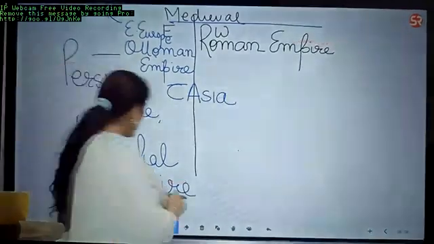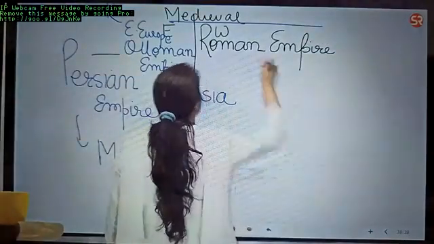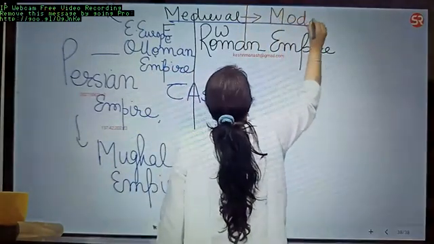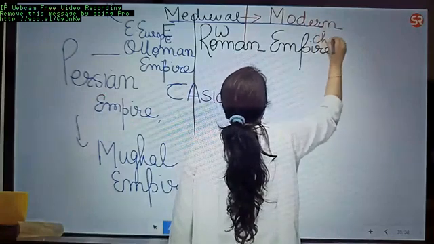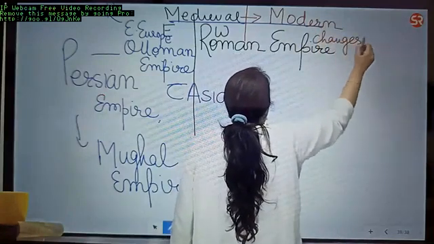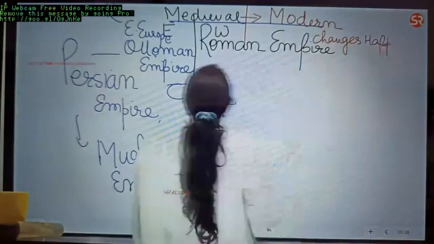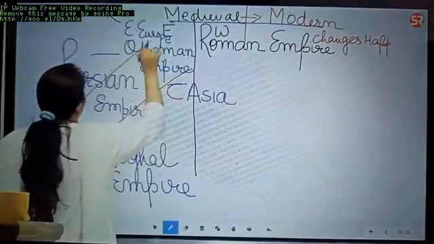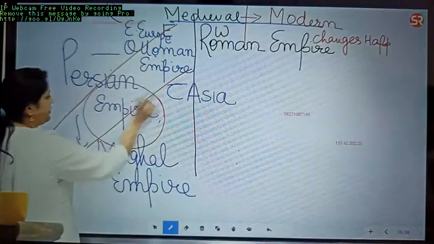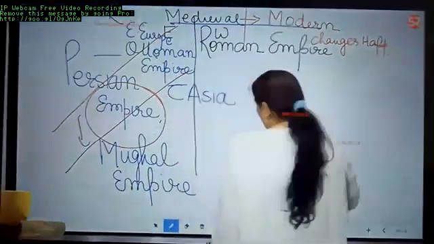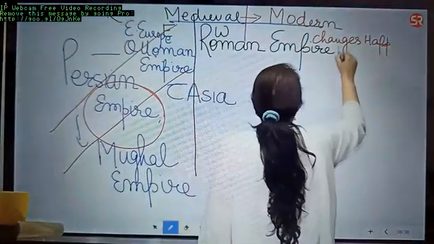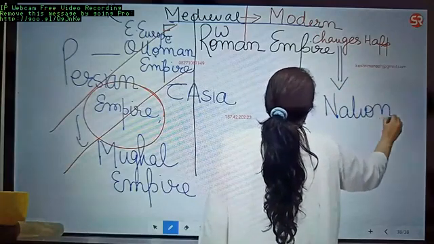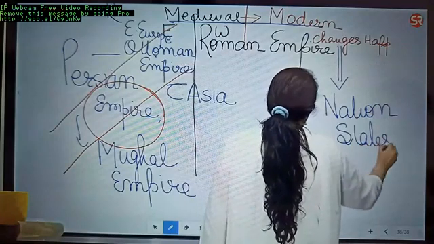Now what happened was, as the world moved from medieval to modern, changes started happening here, but not here. This part remained under empires. But in this part, nation states started emerging.